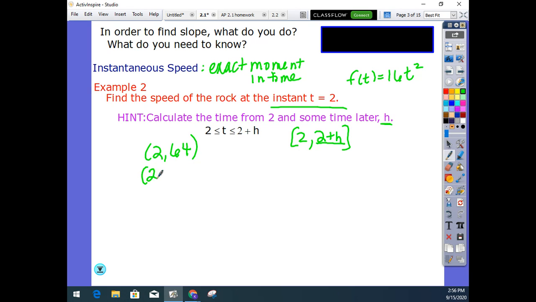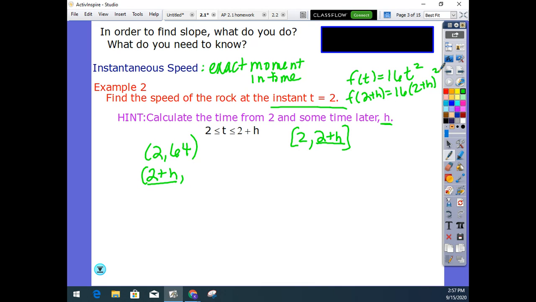Now I'm going to calculate what my distance is at 2 plus h. This seems very ambiguous. Just give me some time and hopefully this will make more sense. So I'm going to find f of 2 plus h. I need to plug 2 plus h into my distance formula.